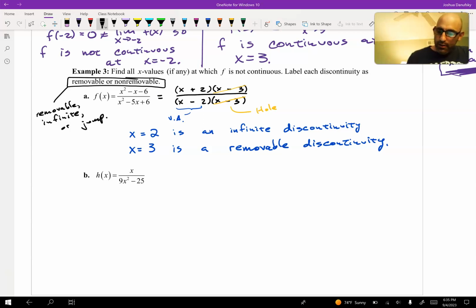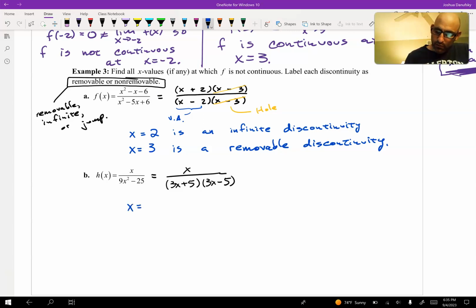All right, next one. The top stays x, and the bottom factors as a difference of squares, right? Like that. And so we have two vertical asymptotes here.